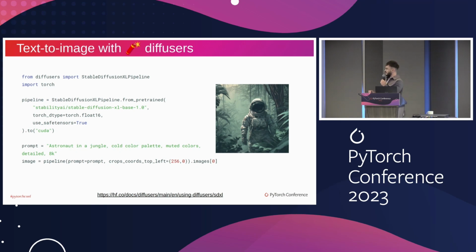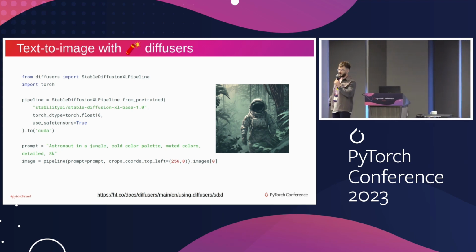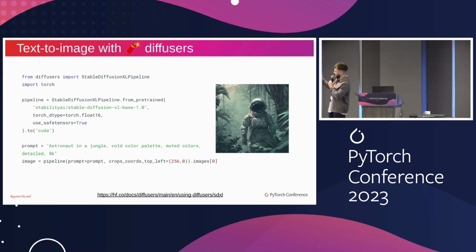So 2 import statements and then 3 statements. As you can see, we're importing the stable diffusion XL pipeline and then fetching the Stability AI checkpoint directly from the hub to load it here. You can also see that we're casting the pipeline to CUDA. That's because it's a raw NN module, like most of our components. So if you're used to using PyTorch, it should be pretty easy to use Diffusers.